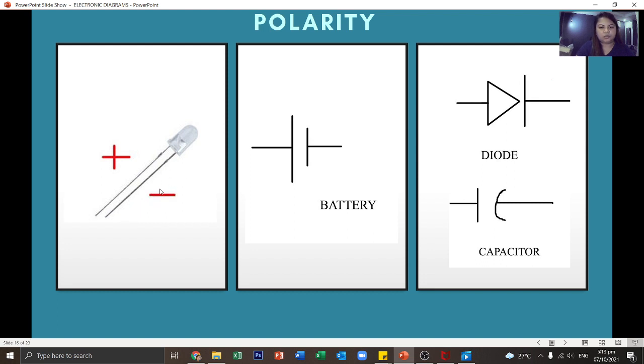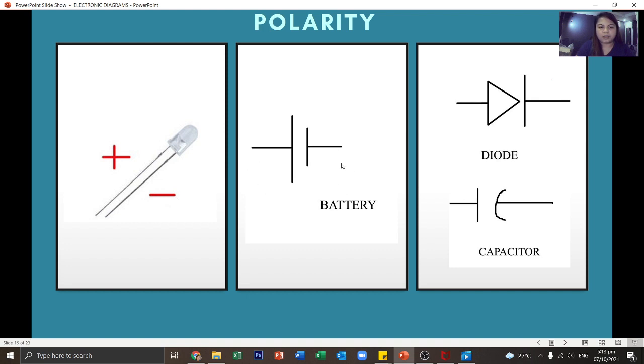What if this LED is already used and the leads are already cut equally in length? How do we know? As we go on, you will be encountering other signs or indications to identify where the negative or the positive side of the LED is.